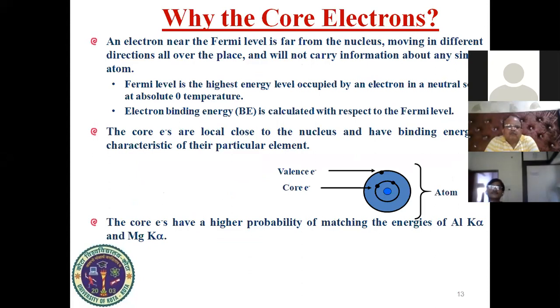So core electrons always carry the information about the characteristics of the element, and hence we are interested in these core electrons for the XPS spectrum. The core electrons have a higher probability of matching the energies of aluminum K alpha and magnesium K alpha. These are the X-ray sources which we are using in the XPS measurement.